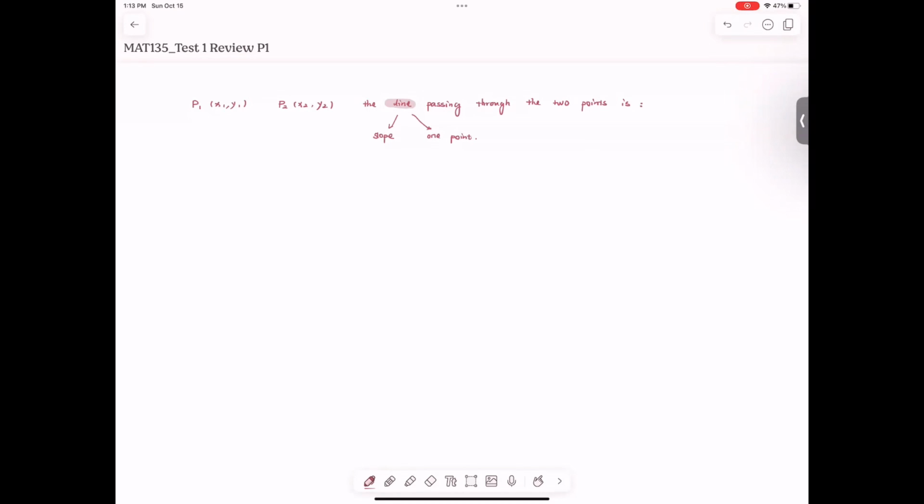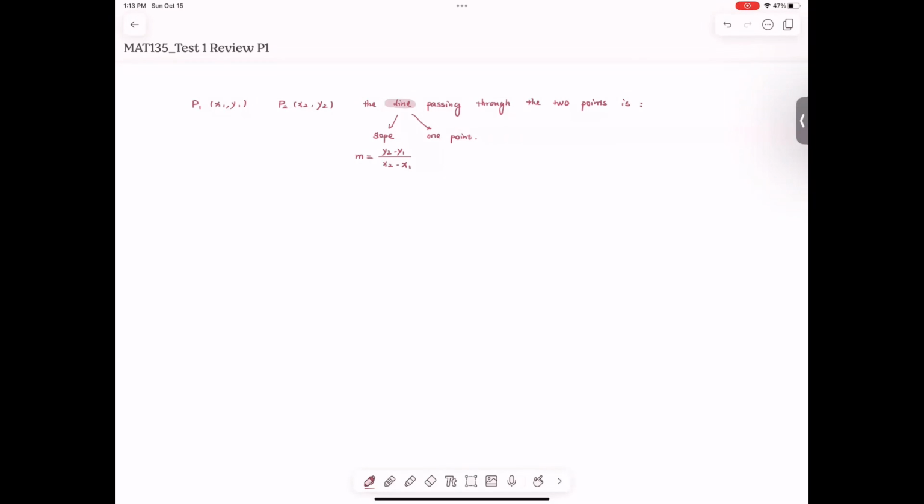One of you mentioned the slope, let's call it m, is rise over run, which is (y2 - y1) over (x2 - x1). That is correct. So if we know m, and one of you mentioned y = mx + b, that's one of the forms. This form might be the one you're more familiar with in high school.